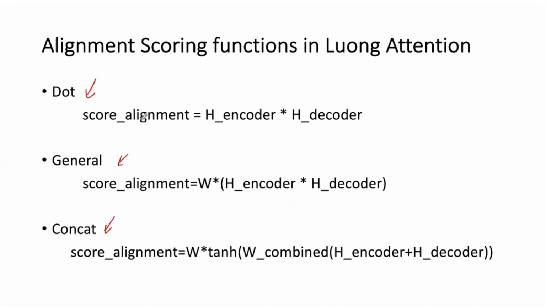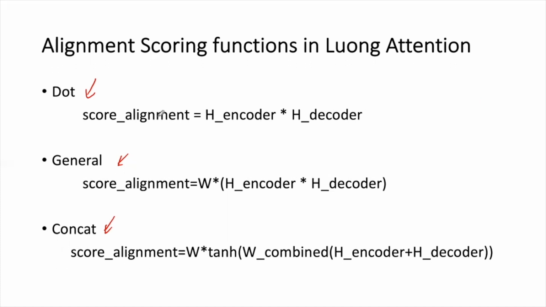Typically, what this alignment function does is calculate the similarity between the encoder and the decoder. That's our goal, actually: we assign a score to each of the encoder vectors. The score represents how relevant the encoder vector is to the decoder vector. The relevance is indicated, in one way, by the similarity.